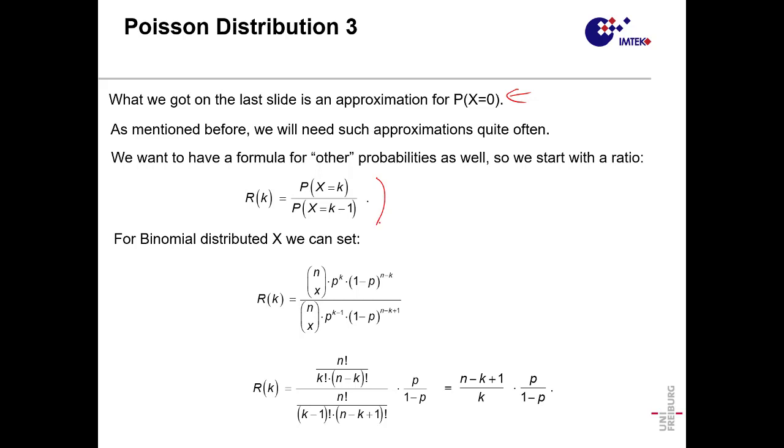So the ratio of getting the probability equal to 0 over the probability equal to 1, for all the cases that you will have. And this is basically the binomial distribution with x equal to k, over x equal to k minus 1. So that's the ratio.